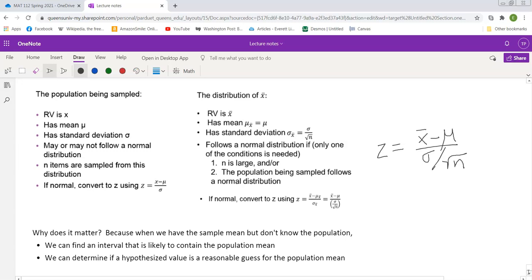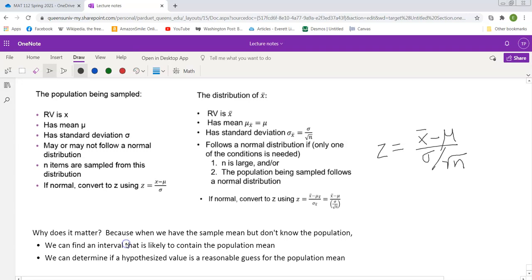So in the coming weeks, we're going to use this as the basis of being able to find an interval that we think is likely to contain the population mean. And we're going to do that by taking this formula and sort of working backwards with it. And this is a statistical inference, finding an interval that's likely to contain the population mean.